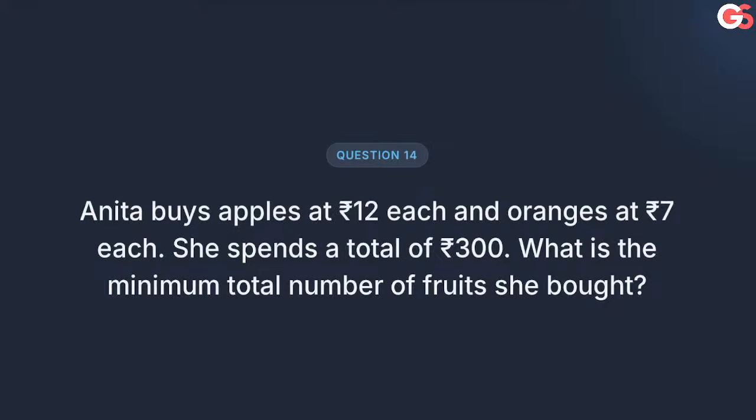अमित, अनिता भाई, apples at rupees 12 each. मान लो इसने एप्पल लिए x, ऑरेंज लिए y, so 12x plus 7y is 300. ये क्वेश्चन वैसा ही है.